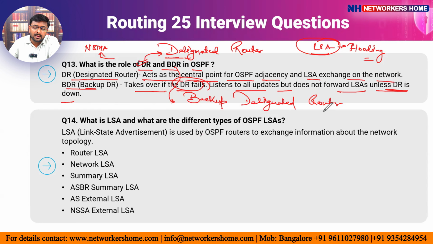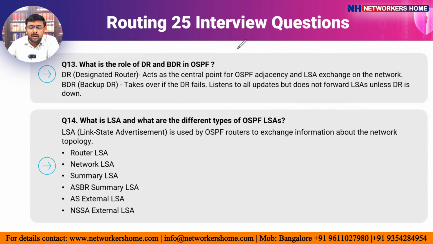This is the concept. So how do we get this DR and BDR? What is the criterion? See, the router with the highest priority number will be the DR, and the router with the second highest priority number will be the BDR.